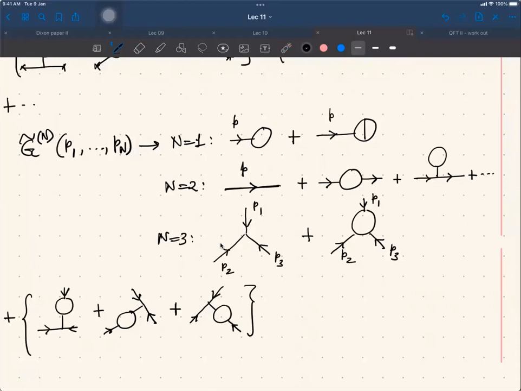Again, I'm keeping the names of the external lines, so here it is P1, P2, P3, and similarly P1, P2, P3.